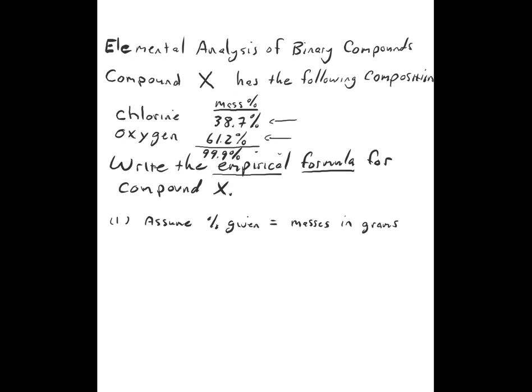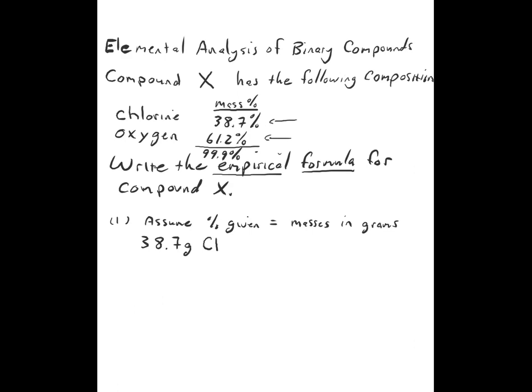So for example, if chlorine has a mass percent of 38.7%, assume that you have 38.7 grams of that element. I'm going to write the symbol Cl for chlorine. Remember, C is carbon, Cl is chlorine.